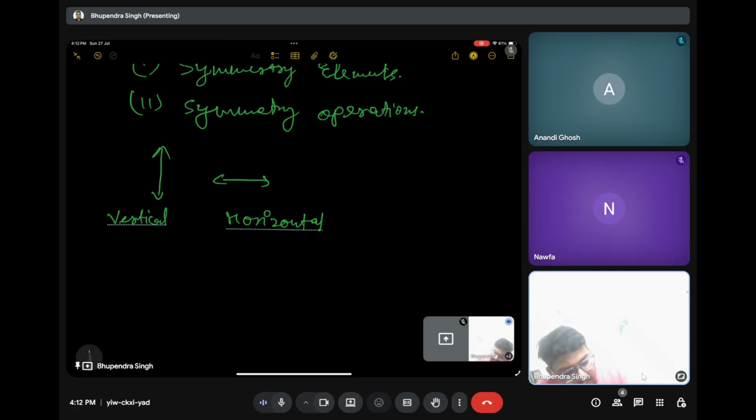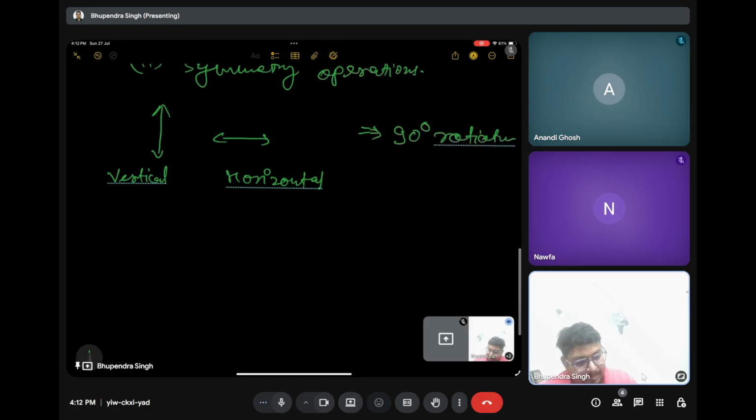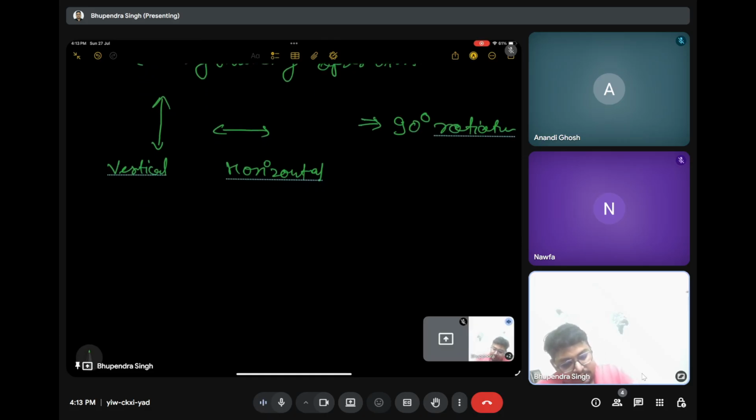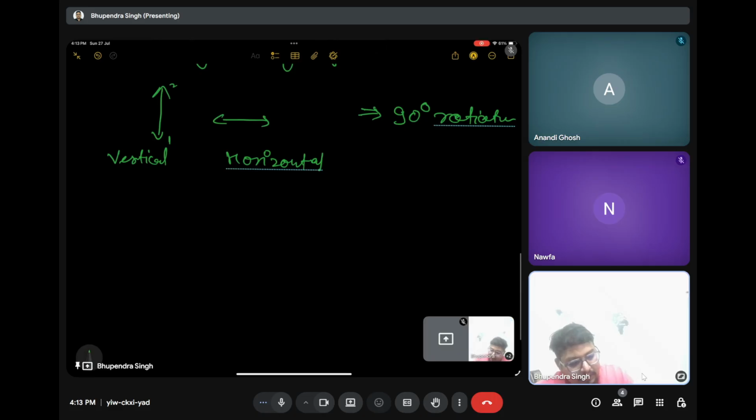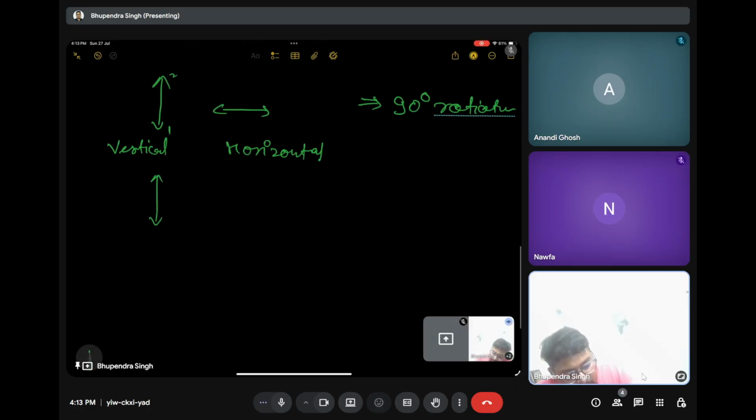If someone wants to rotate this from vertical to horizontal, we have to rotate it by 90 degrees. And let's say I put 1 here and 2 here, vertical to vertical, but 1 to 2, so top to bottom.